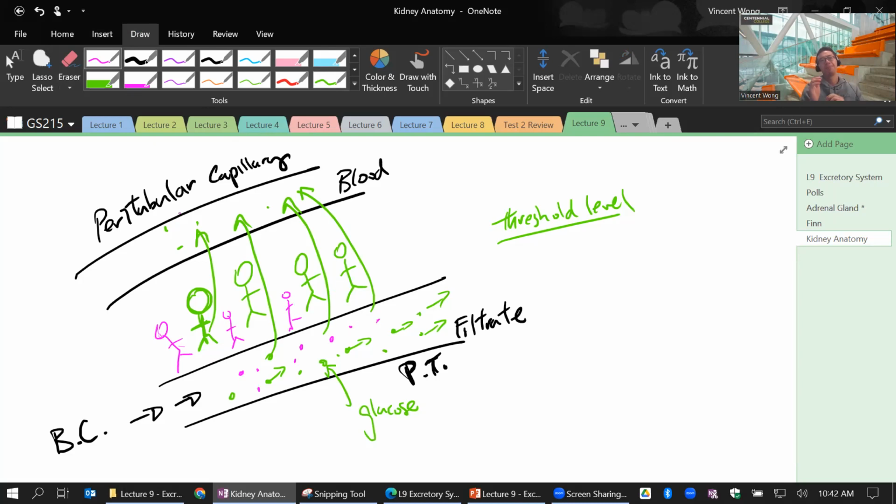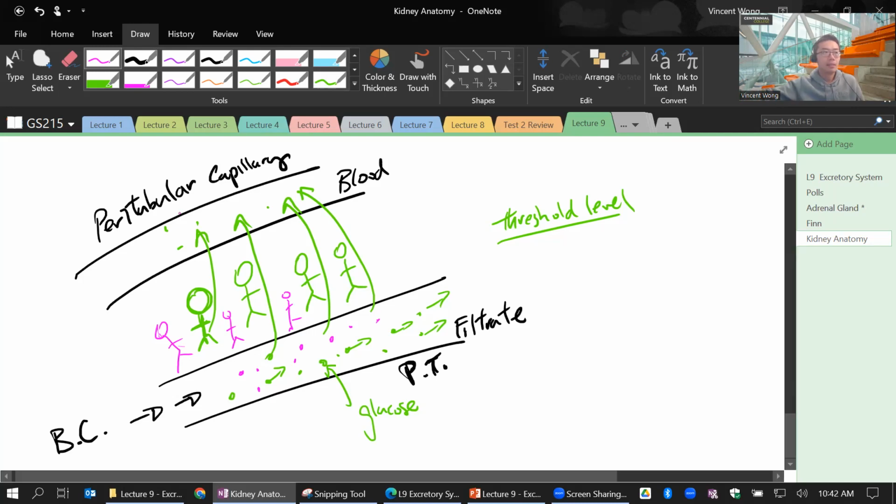All right. What medical condition would cause a person to have high glucose in their urine? Diabetes, yeah, exactly.